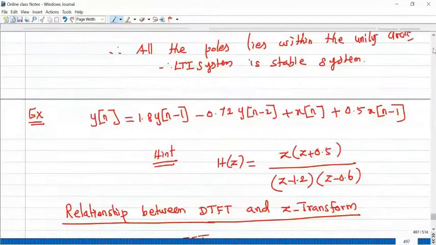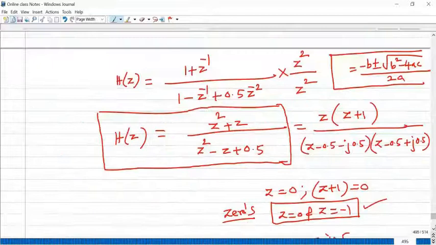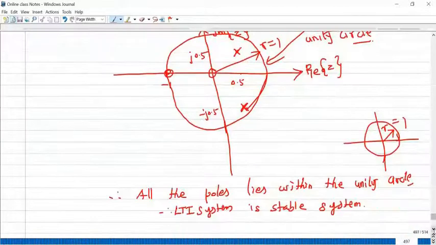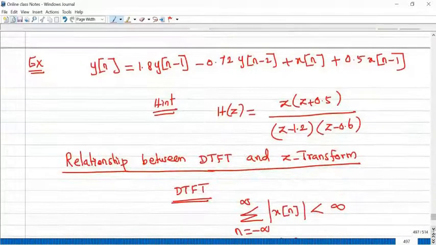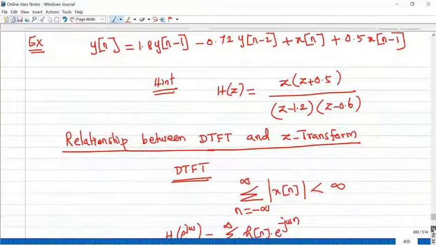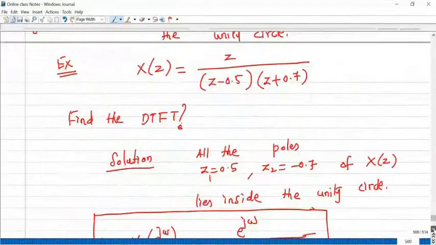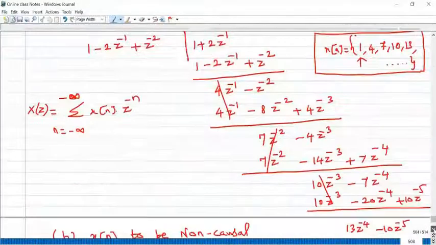In yesterday's class we solved difference equations, how to find transfer function, and how to check stability of the system and all. Okay. So basic problems in Z transform, properties, and few problems using properties, discrete time LTI system described by the difference equation, relationship between DTFT and Z transform, and power series method, partial fraction method.